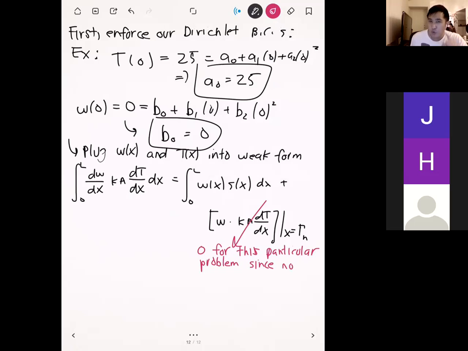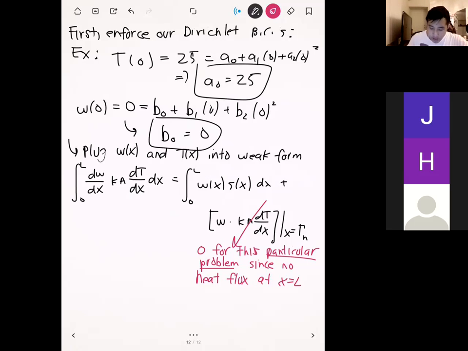So when you're solving for approximate solutions, make sure that you apply the correct Neumann boundary conditions. It's just that for this particular problem, we had no heat flux. For other ones, you might have something, especially if you apply this to elasticity, where you might have a stress on one end of your bar.